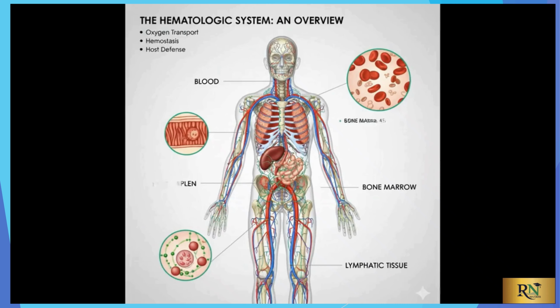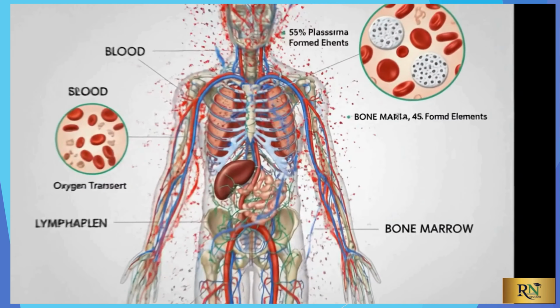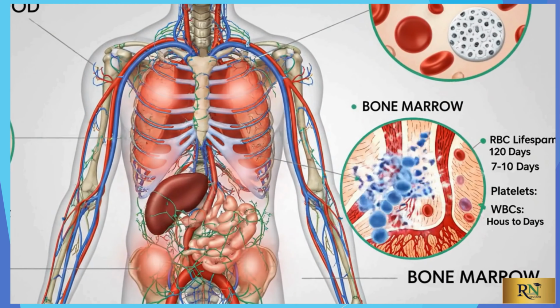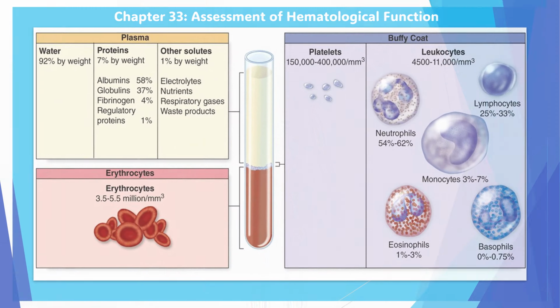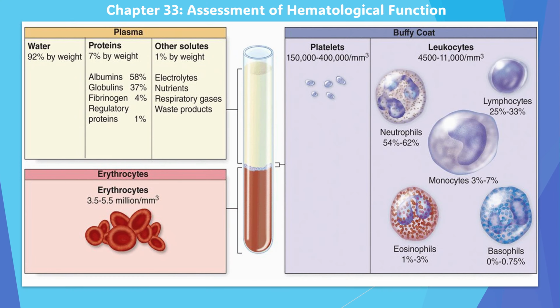missing piece. Hematologic system performs 3 crucial functions: oxygen transport, hemostasis, and host defense. We are in chapter 33, Assessment of Hematological Function, and this is why this chapter is so important.